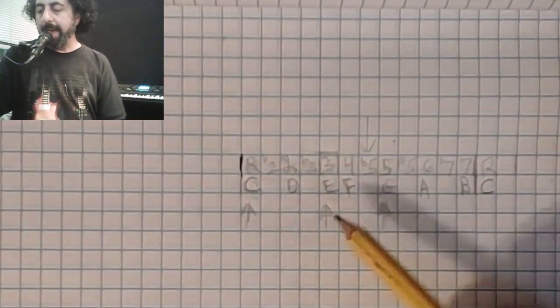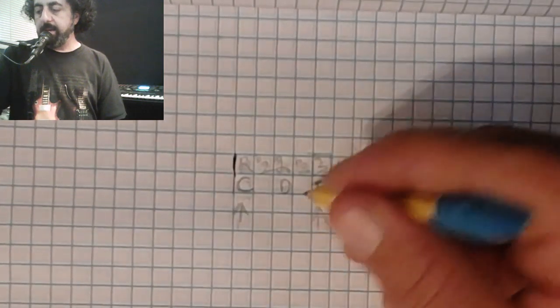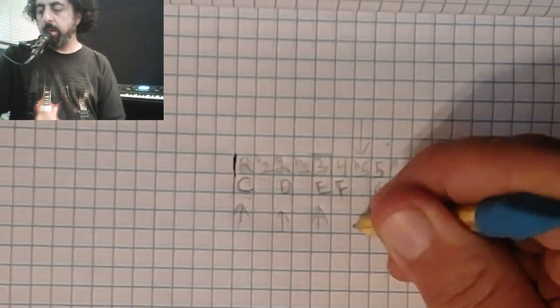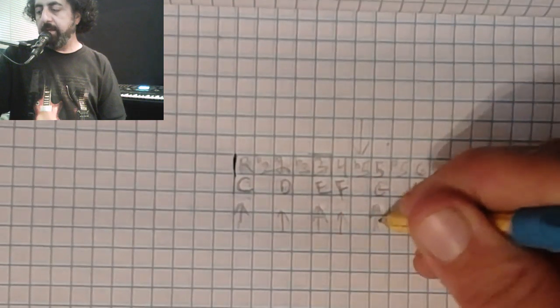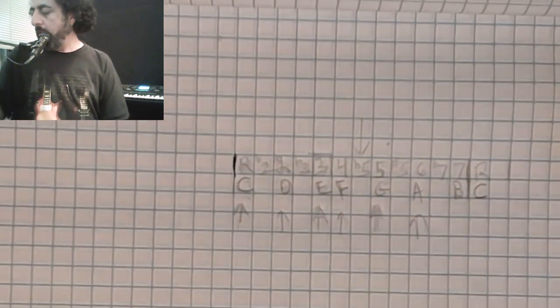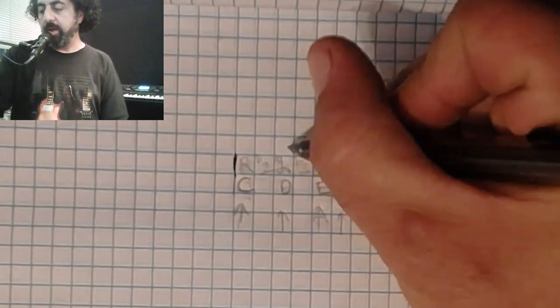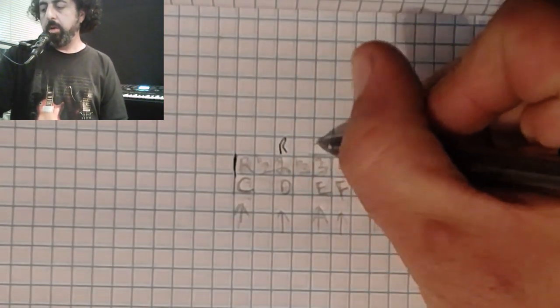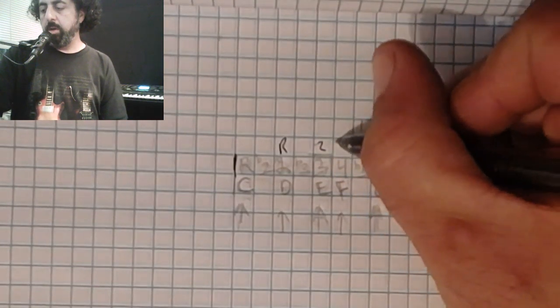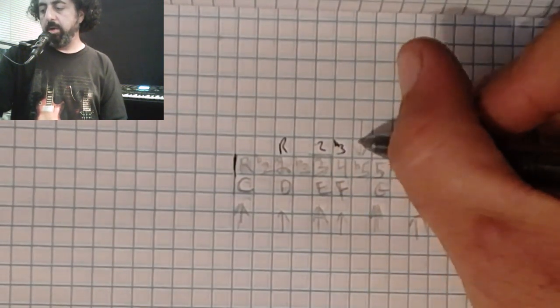But let's take a look at what happens if we use D and F and A. Well, we have to do this by counting squares, or we could even put root, 2, flat third, third.